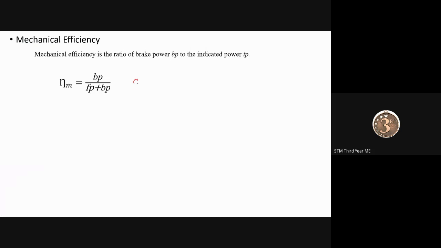First one was indicated thermal efficiency, IP by E. Next one was BTE, brake thermal efficiency, so it is BP divided by E. And we get an equation for mechanical efficiency, which is equal to brake power divided by indicated power. Okay, we got these 3 equations.